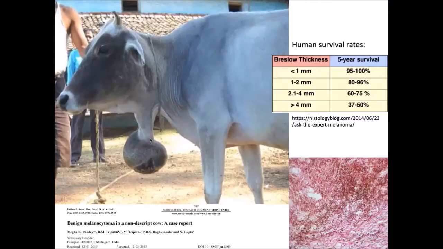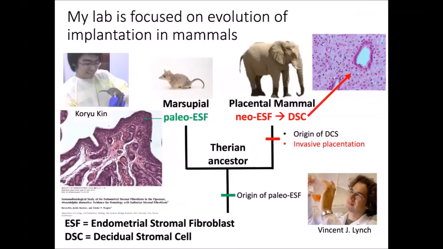Now, at this point, I have to tell you that I didn't get into biology to do something about cancer, but it's actually a side effect of our recent focus on the evolution of mammalian implantation, the female reproductive biology of mammals, particularly placental mammals that have this invasive placentation, versus marsupials like this opossum here that have non-invasive placentation.